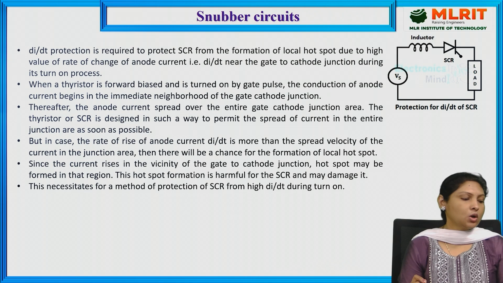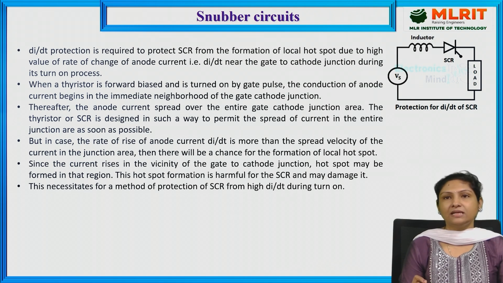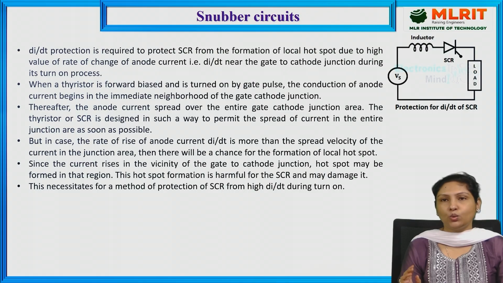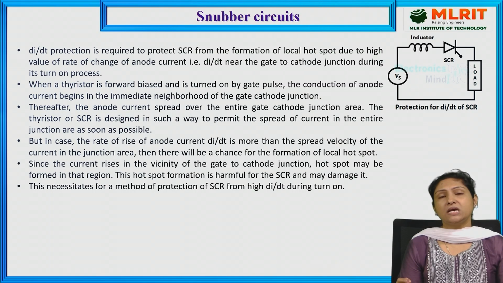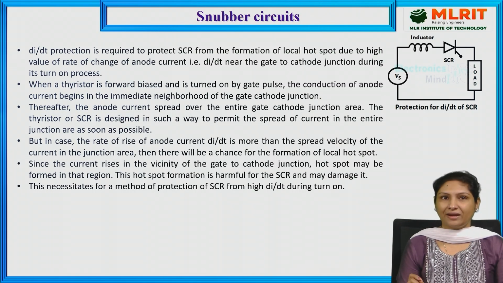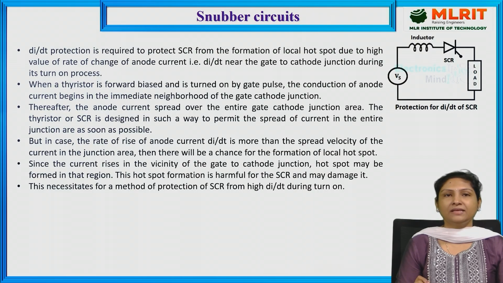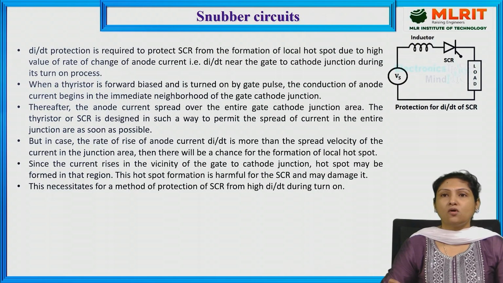The thyristor or SCR is designed in such a way as to permit the spread of current over the entire gate to cathode area. But if the rate of rise of anode current di by dt is more than the spread velocity of current in the junction area, there will be a chance of formation of local hotspots.